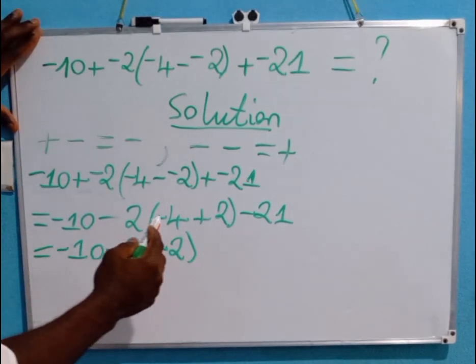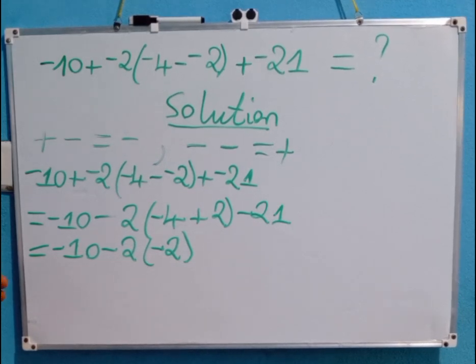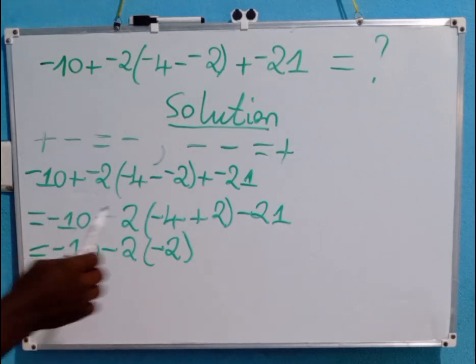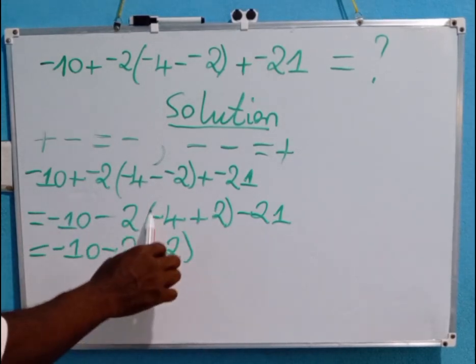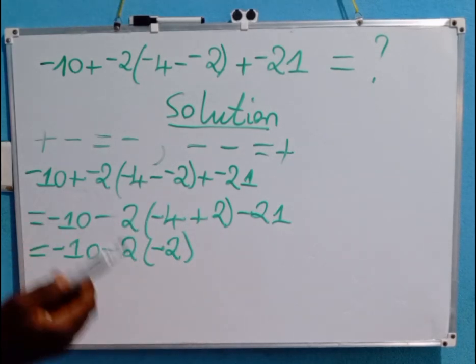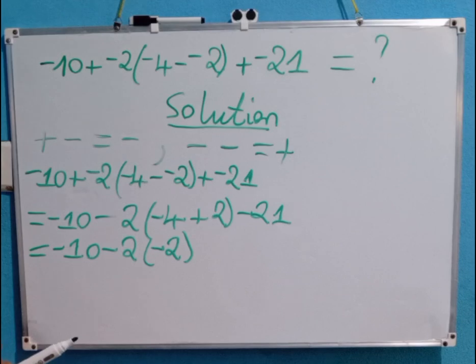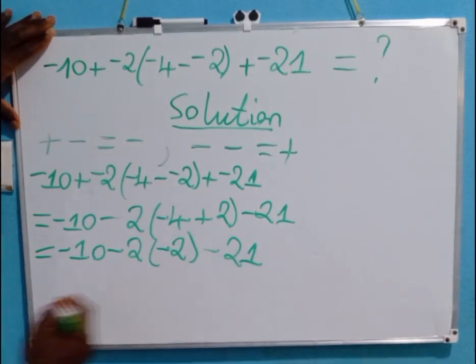When the two numbers have different signs, we subtract the smaller number from the bigger number, ignoring their signs. If we ignore the signs of these two numbers, 4 is bigger than 2. Since they have different signs, we subtract 2 from 4, which gives us 2, and the answer will carry the sign of the bigger number, which is negative. So this will give us negative 2 minus 21.